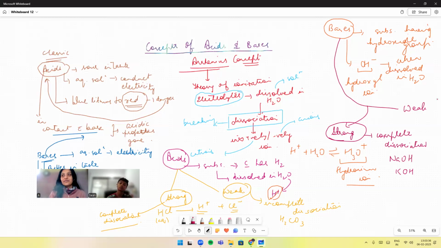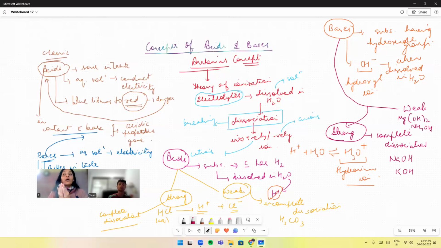For example, magnesium hydroxide and ammonium hydroxide are weak bases. Their strength is not that much. We can consume them. Have you ever seen a pink colored medicine labeled as Gelusil or Digene? That is basically magnesium hydroxide. It's a weak base.